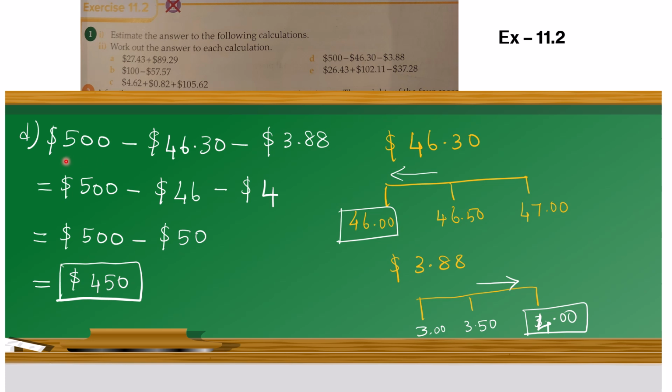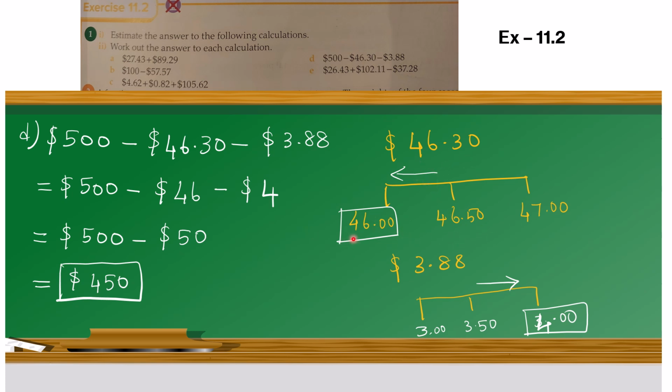The sum is $500 minus $46.30 minus $3.88. Okay, so we have to do the estimation. Okay, what is our second number? 46.30. We have to do the rounding of this number. So let's use the number line.